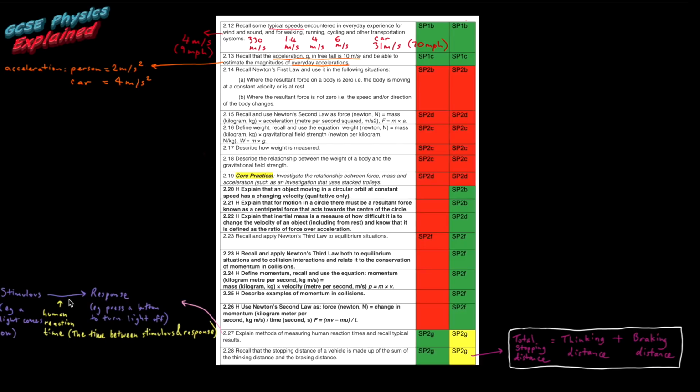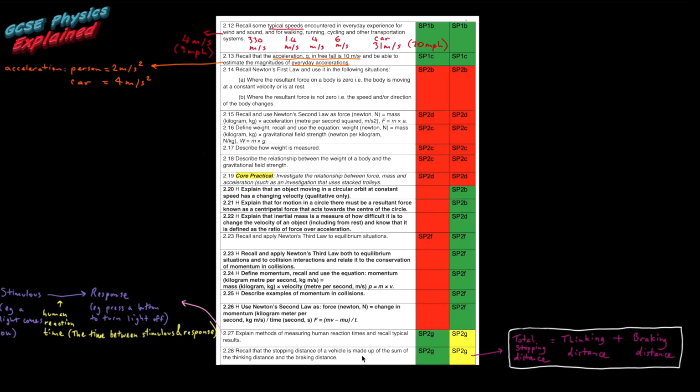The amount of time that it takes to go between the stimulus and response, that's the human reaction time. So it would normally take you about 0.25 seconds, so 1/4 of a second, to see a light come on and then immediately press a button to turn it off.